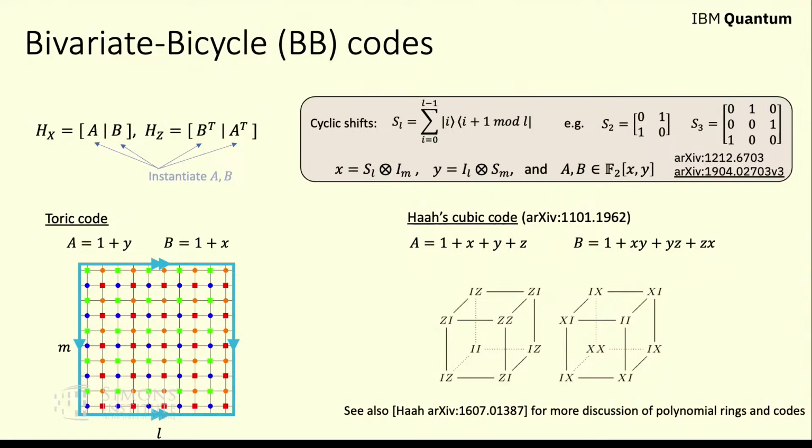It's maybe not immediately obvious, but if you trust me on this, I think the one thing to note is that the total number of terms in A plus the total number of terms in B is going to be the weight of the parity checks. So at least the weight of the parity checks here matches what you expect for the toric code, which is 4. Okay, so then also you can get the Haah qubit code, which admittedly is maybe not bivariate anymore because now there are 3 variables, X, Y, and Z, and you can write these polynomials A and B to give you this 3-dimensional code.